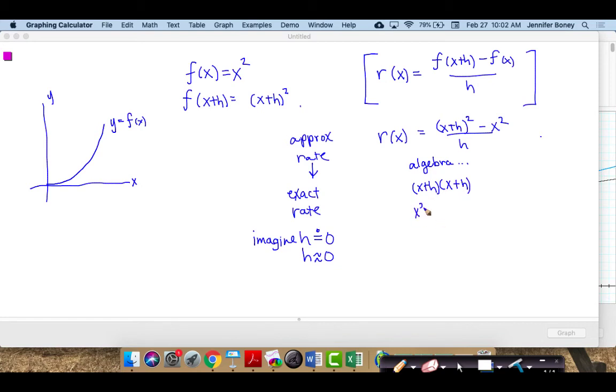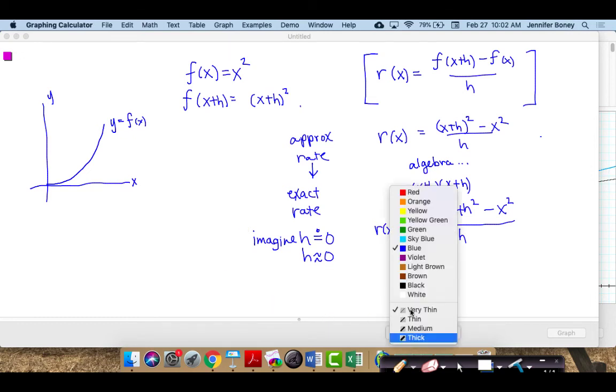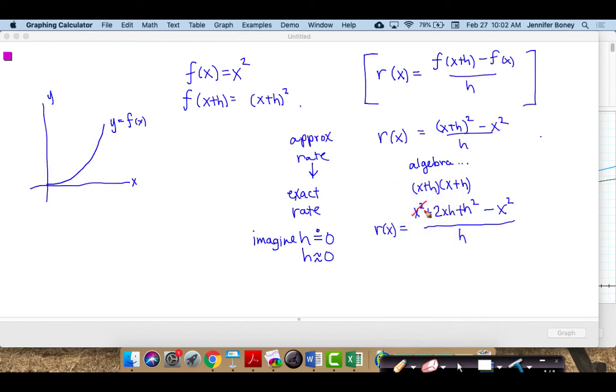I have x squared, I have an xh and another xh, so two of them, and an h squared. That's this first term, and then there's a minus x squared, and this is all over h. This is still my approximate rate function. But from this form, you can see the algebra is going to help us clean this up a little bit.